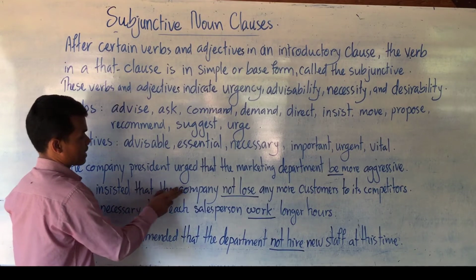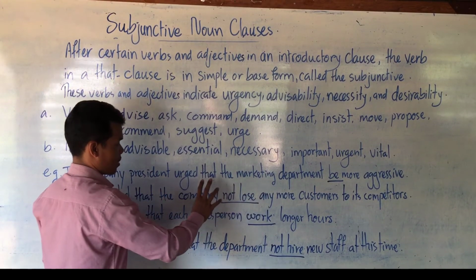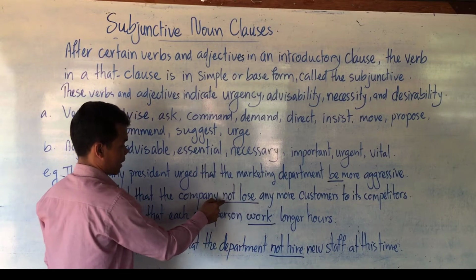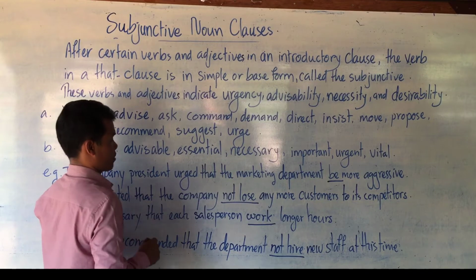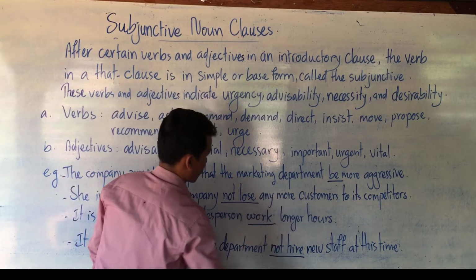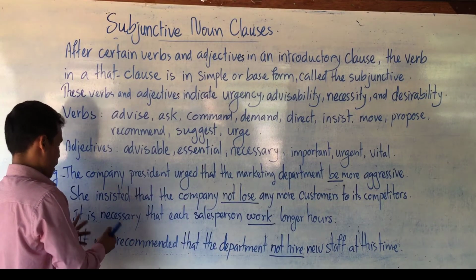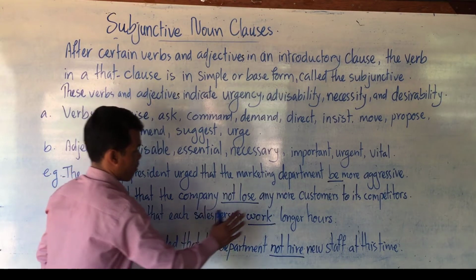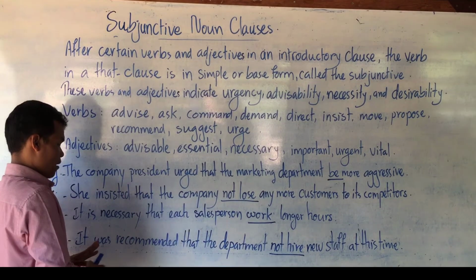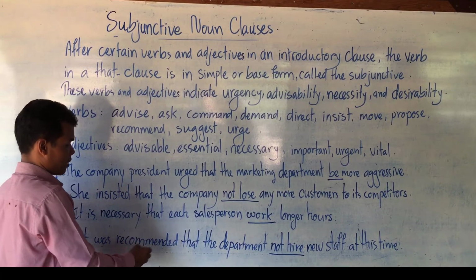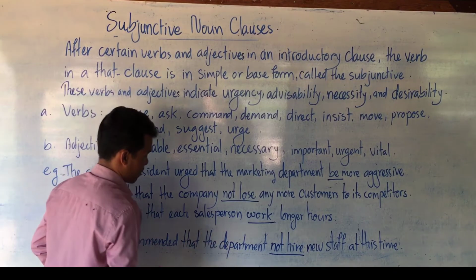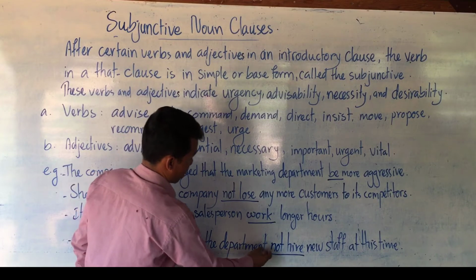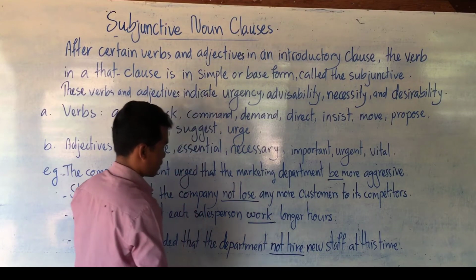She insisted that the company not lose. You cannot write does not lose or something like that; for a negative we still retain not. It is necessary that each salesperson work, in base form, longer hours. Subjunctive also occurs when the introductory clause verb is in passive voice. Like this: it was recommended that the department not hire new staff at this time.